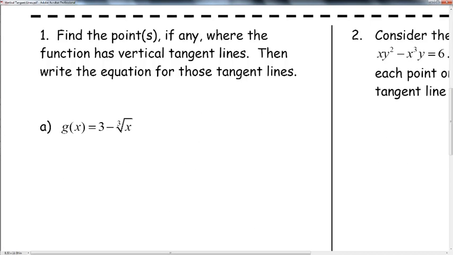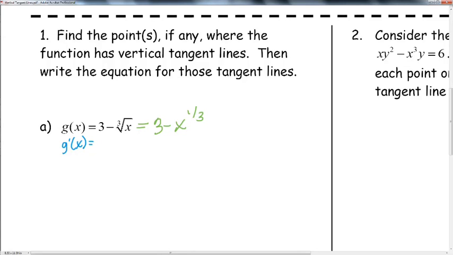Number 1, find the points of any where the function has a vertical tangent line. Then we're going to write the equation of those tangent lines. So let's go ahead and simplify this. This is 3 minus x to the 1/3. When I take the derivative, the derivative of 3 is 0, so that goes away.